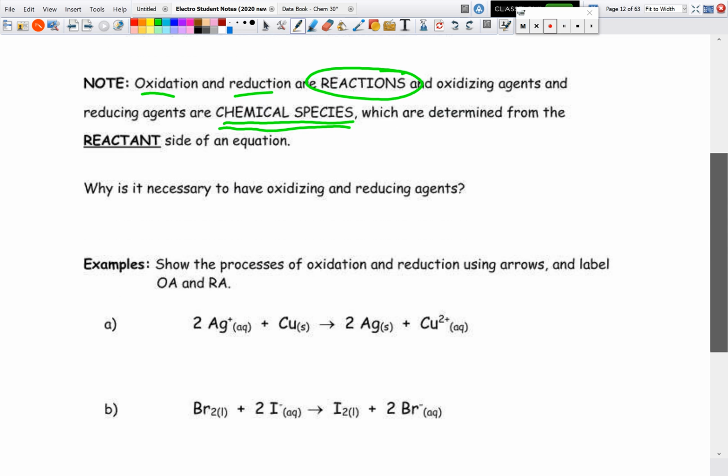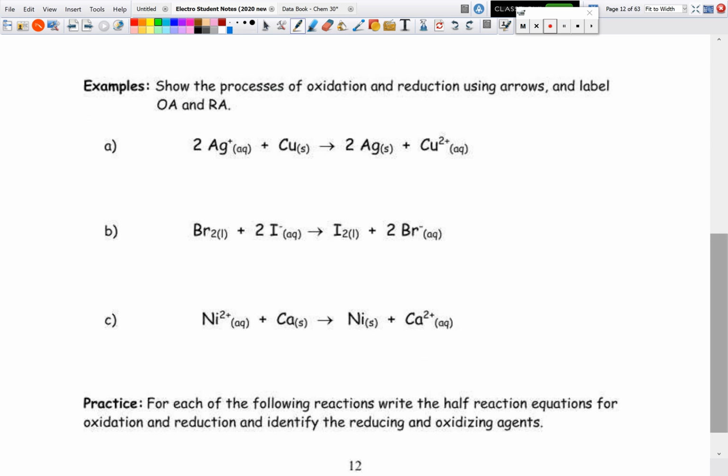So for example, we have A, B, C, and D. We're going to show oxidation and reduction by using arrows and labeling OAs and RAs. You can pull these apart like you did when balancing complex half reactions, or we can just look at the charge and figure out what is happening. For example, with our silver, we're starting with Ag+, and over here it's solid silver.